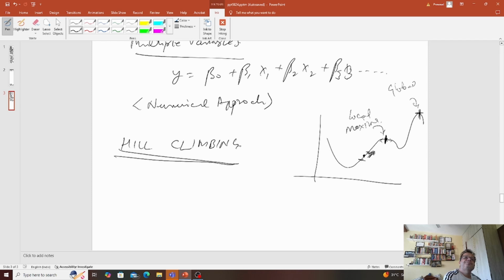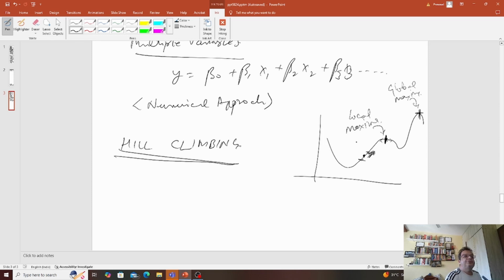So in hill climbing, if we use the very basic strategy, there is a chance that you will get stuck in a local maxima. So it is more of a heuristic method of finding the parameter values, but this is what hill climbing means.